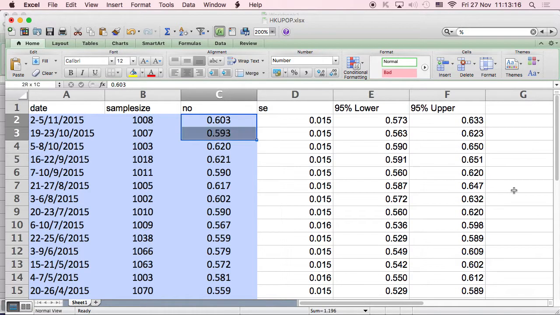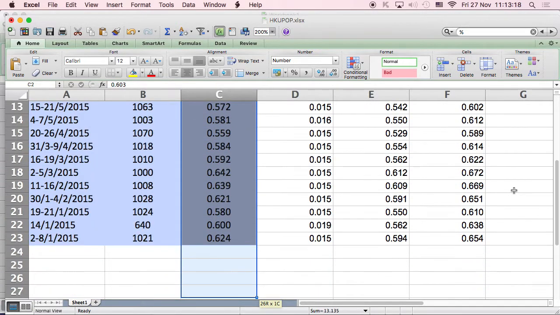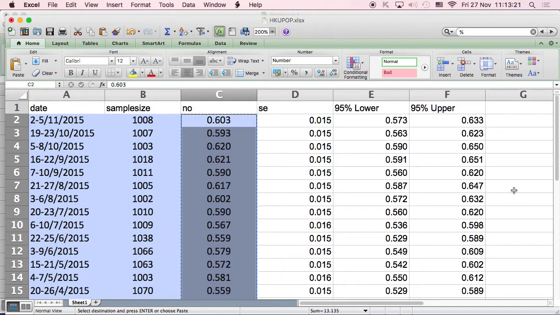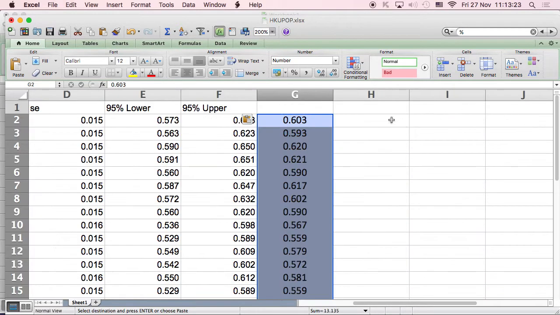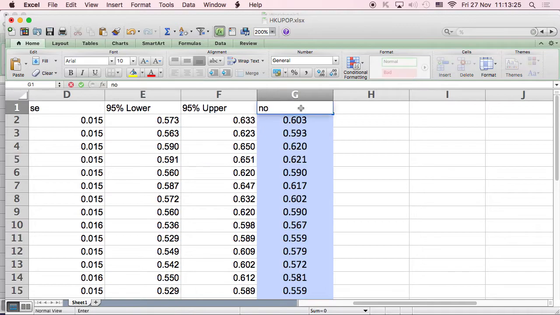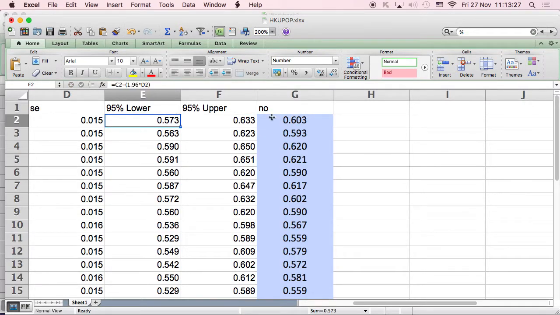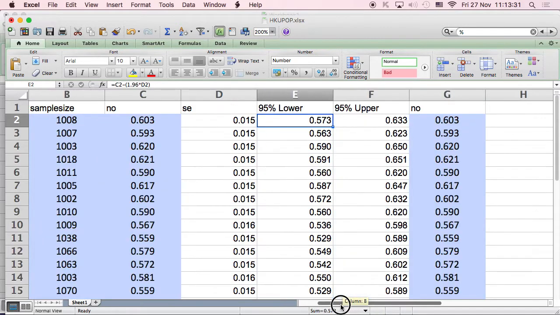Okay, the question wants you to plot a line graph of the confidence intervals. So what I did is copy and paste the low, meaning the C column, to the G column.